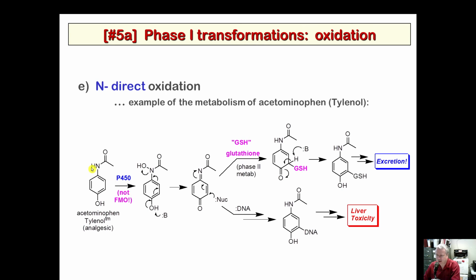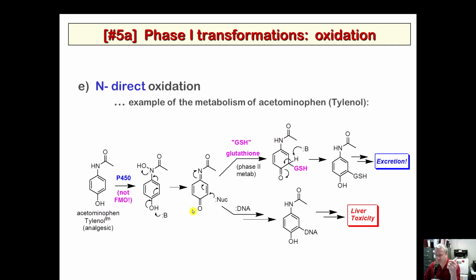So it's another case where aromatic amine type things are metabolized by P450. And then a base takes the proton off, oxygen kicks in, double bonds shuttle around to essentially kick off that OH. And then we have this electrophilic quinone type derivative that can be attacked by certain things.